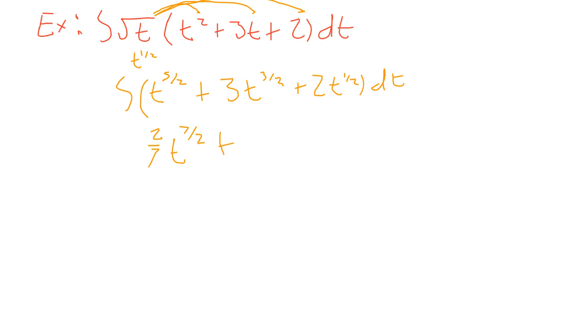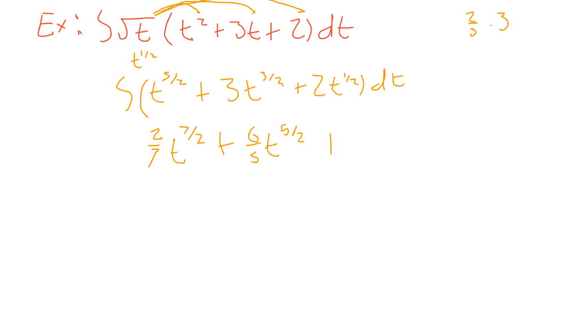Then we can have our t to the 5/2 when we add our 1 back to our exponent, and then our inverse of that exponent is going to be 2/5, but we still have that 3, so we're going to be left with 6/5 right here.